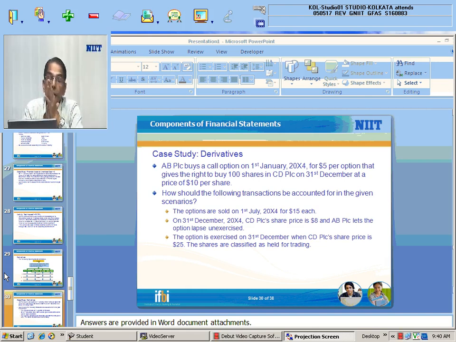If the market price of the CDPLC share is the same as or below the strike price, then the option is out of the money or at the money, and there is no benefit from the contract. So the contract will not be exercised; it will lapse. Now, how should the following transactions be accounted for in the given scenarios?